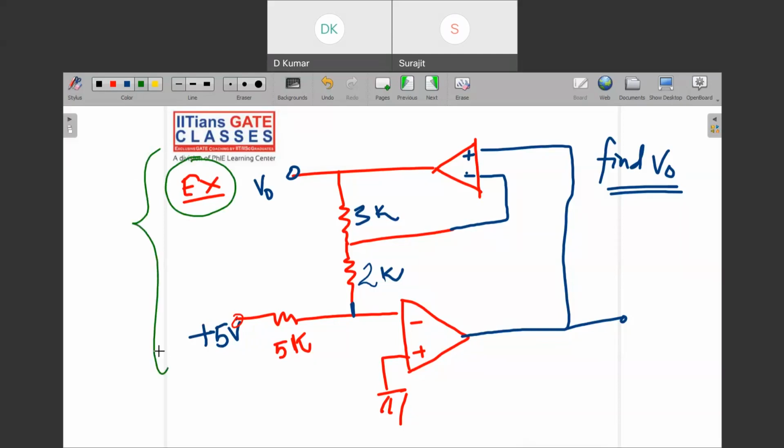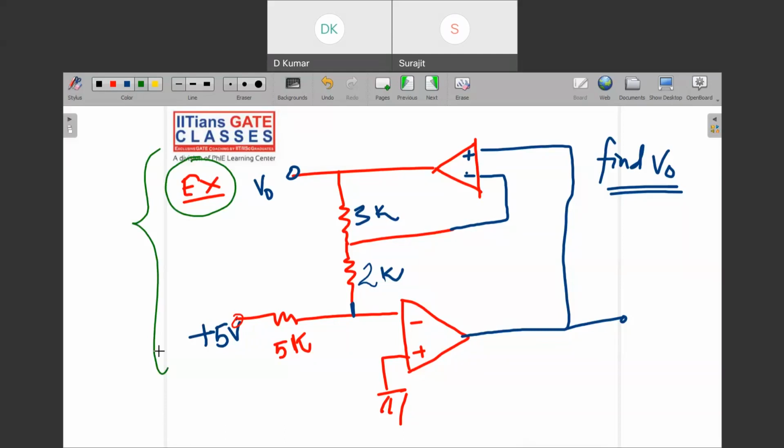As I said, this is the basic one, then diodes will come, then we will discuss the non-linear part of the op-amp, and then we will come to all those frequency topics. So don't worry. Briefly, we will touch everything.